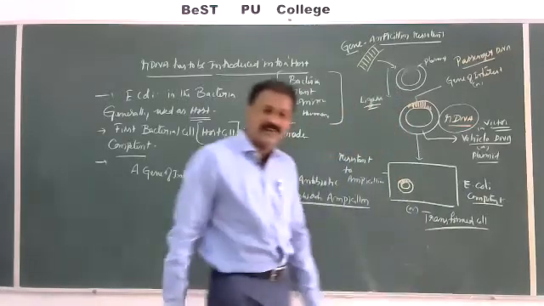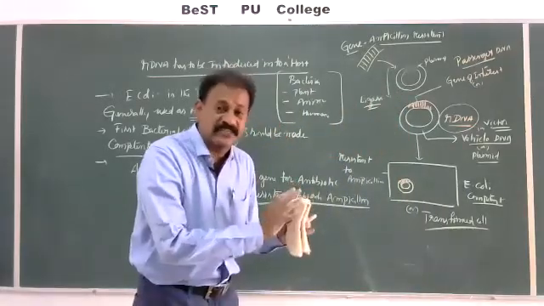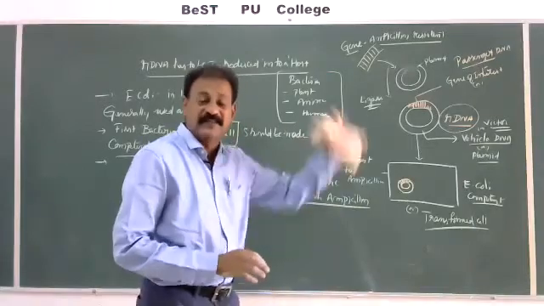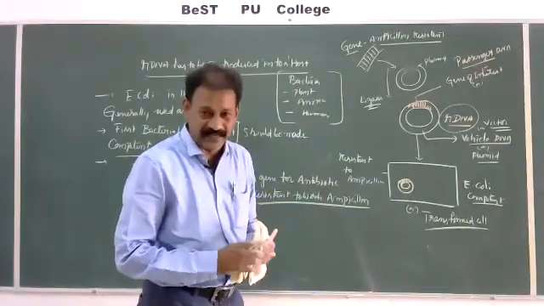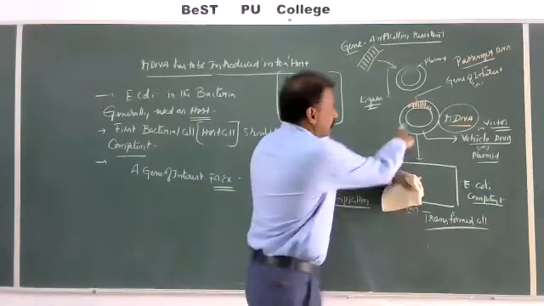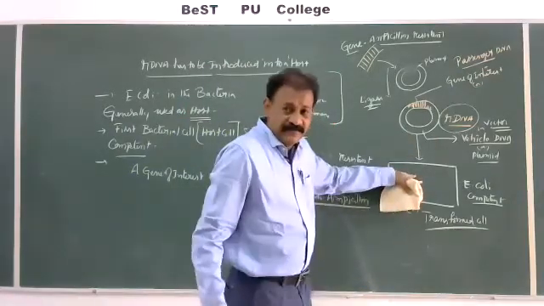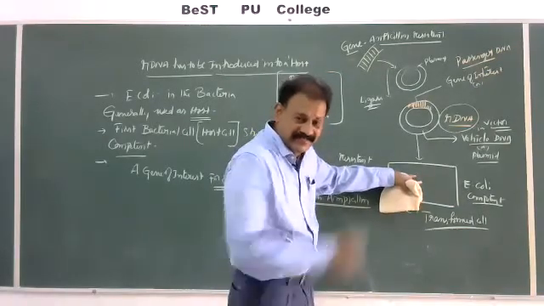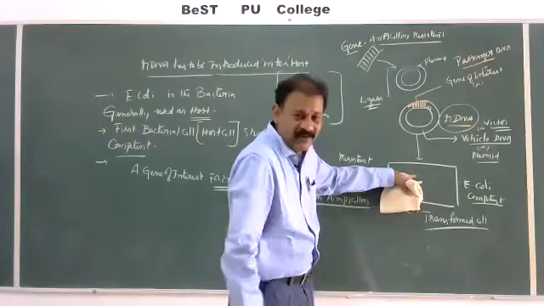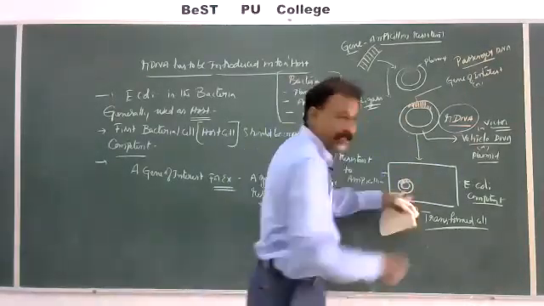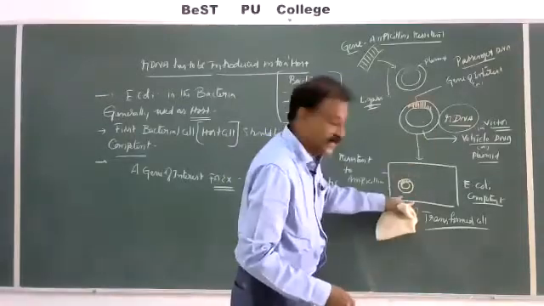What is a transformed cell? Changed from one state, physical state, to another physical state, as we have studied in the rough bacteria and smooth bacteria. Transformation. Here, earlier when there is no rDNA in the bacteria, it is a normal bacterial cell. Its structure is different, its function is different. Once it is incorporated, and so many bacterial cells are growing, it is incorporated.